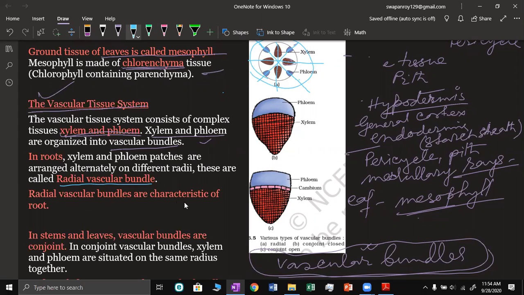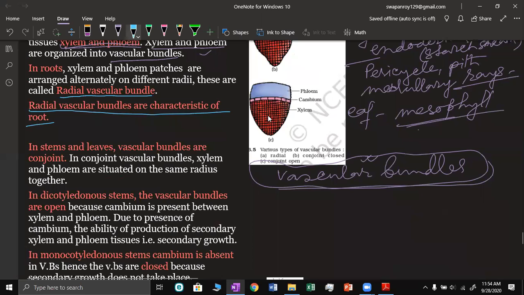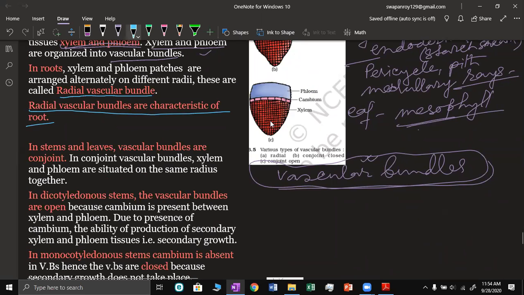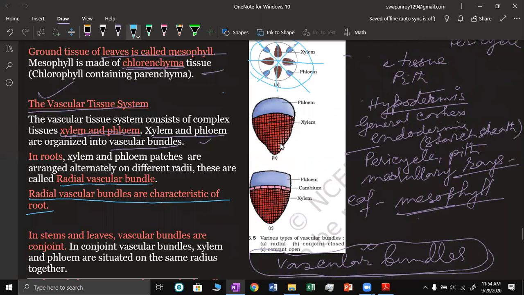In the stem and leaves, that is in the shoot system, xylem and phloem are found in the same patch.